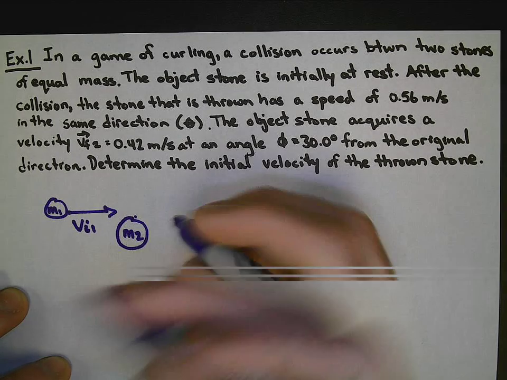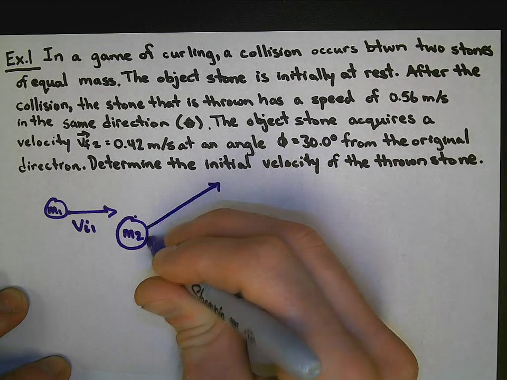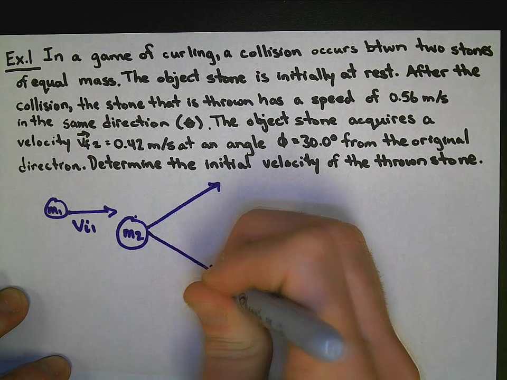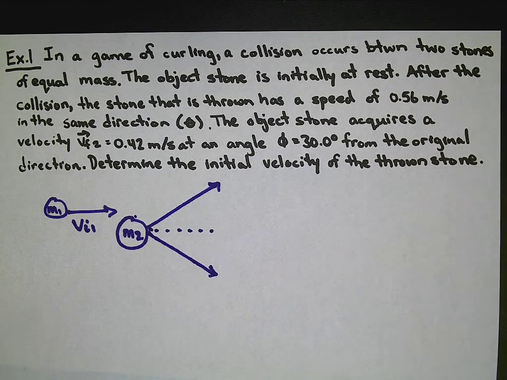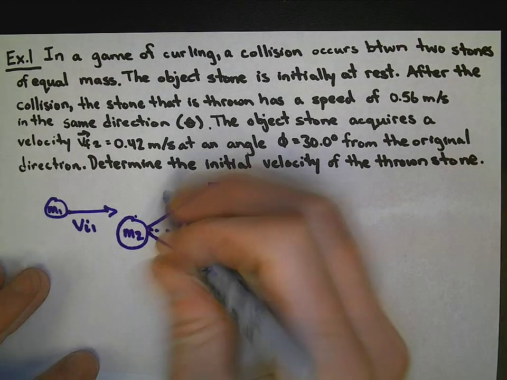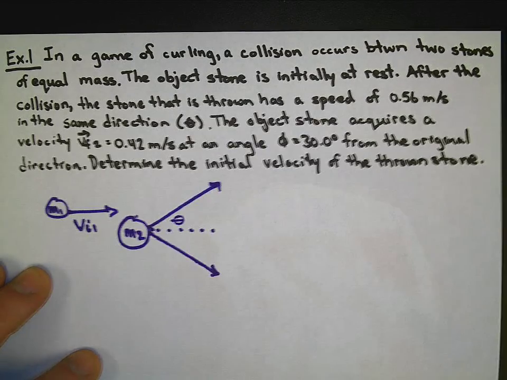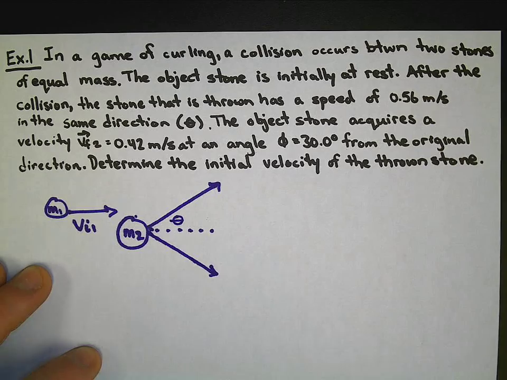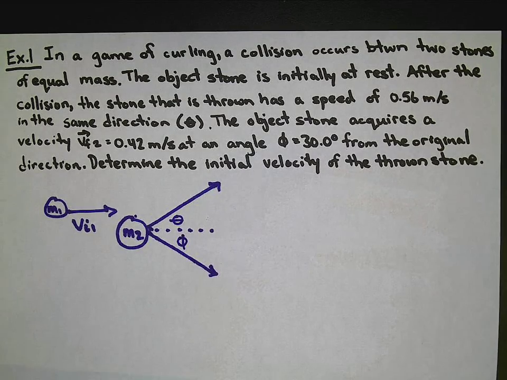And because of this glancing collision, they both travel now in two different directions. And similar to before, if we can analyze these, our first stone travels at an angle of theta, our second one at an angle of phi.